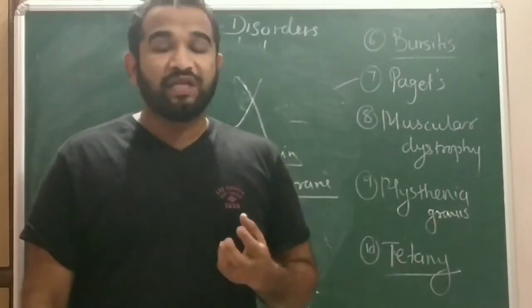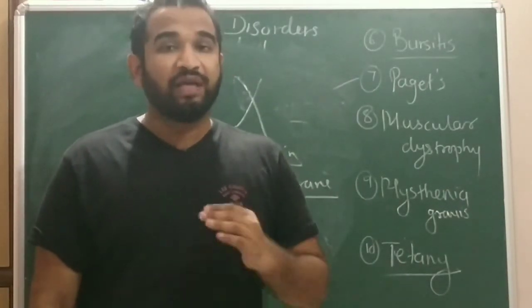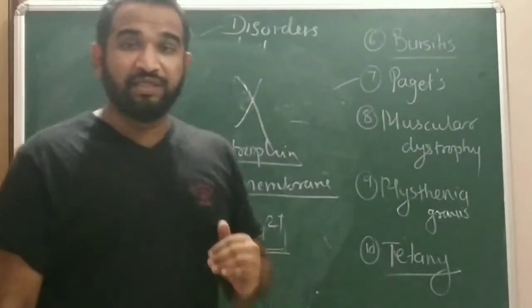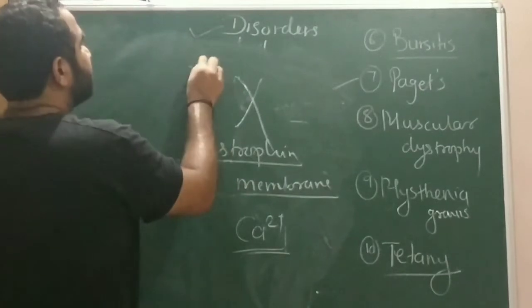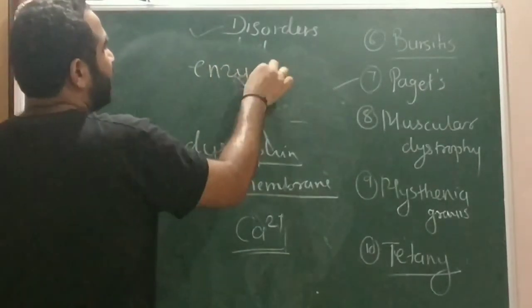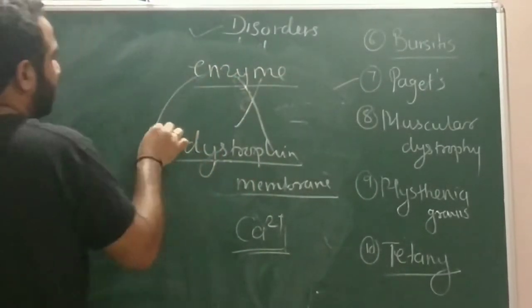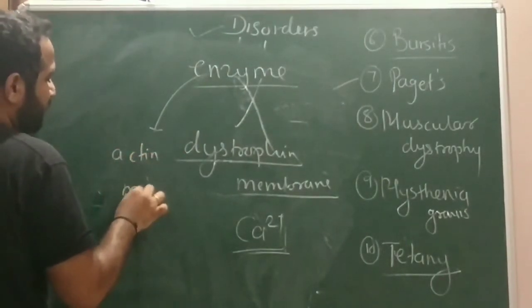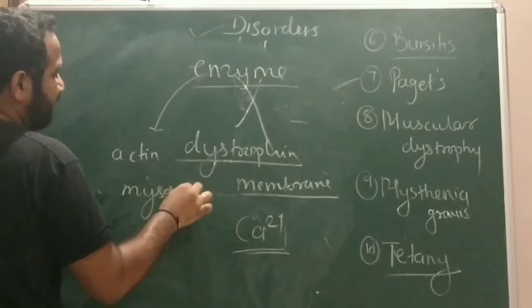So the level of calcium goes on increasing inside the skeletal muscle fibers, and the fiber releases an enzyme, and this enzyme starts damaging the actin and the myosin filaments.